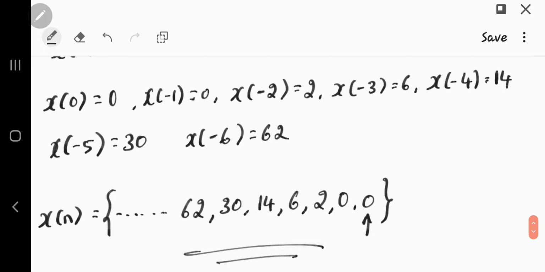Given, it says find the inverse z transform of.